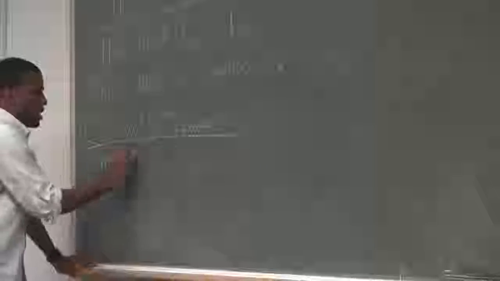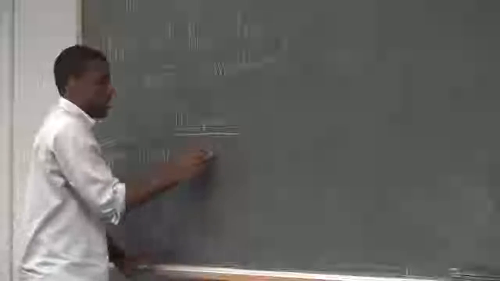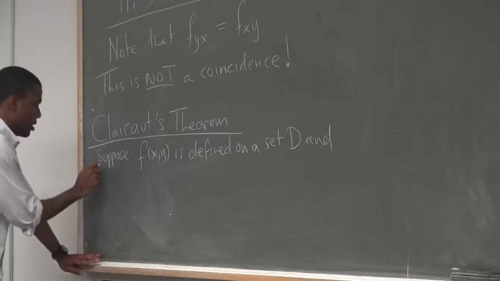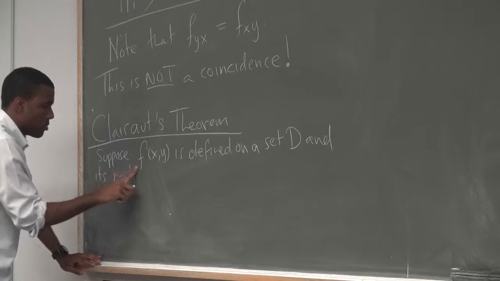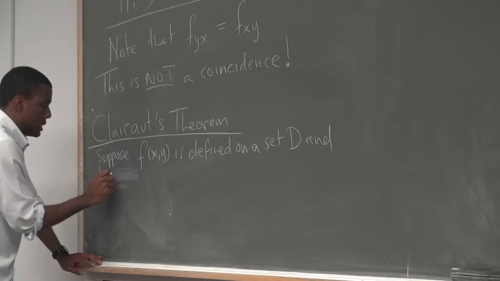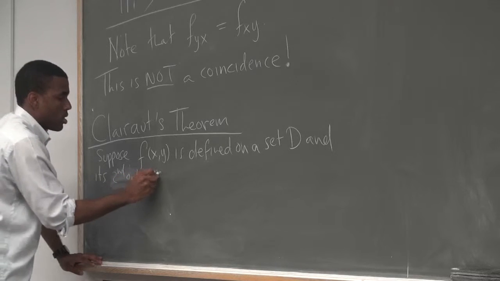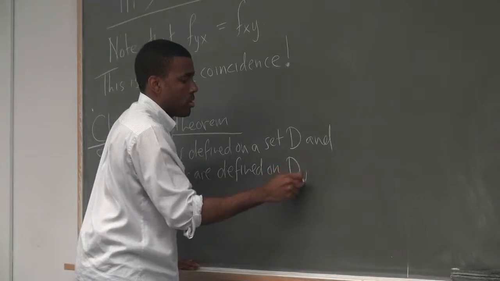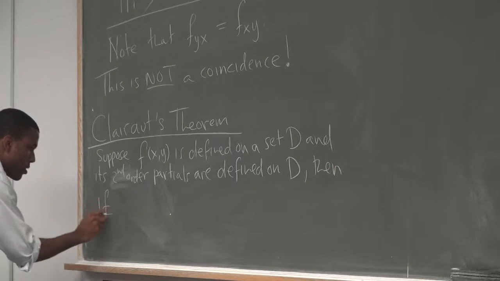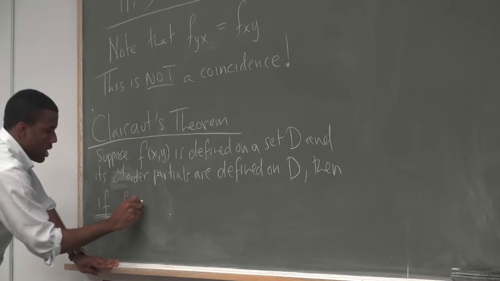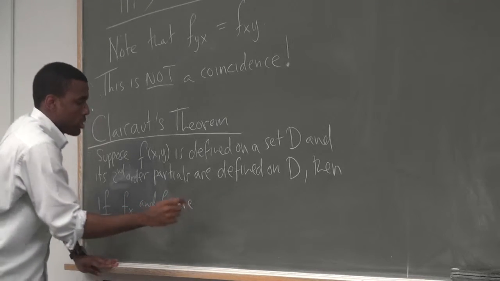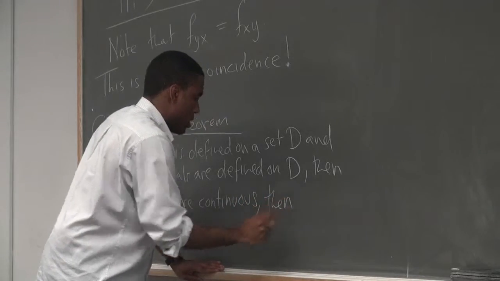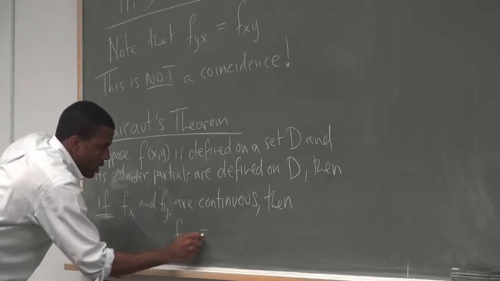Suppose f is defined on a set E and its partials, then if the partial with respect to x and partial with respect to y are continuous, then fxy equals fyx.